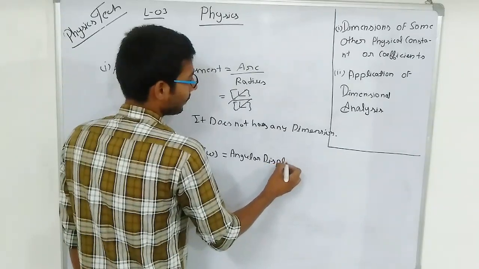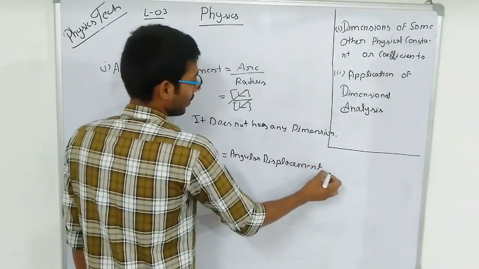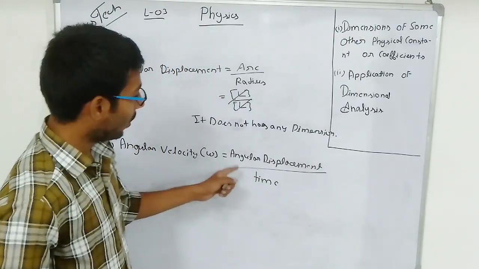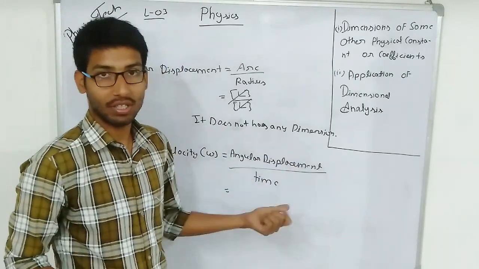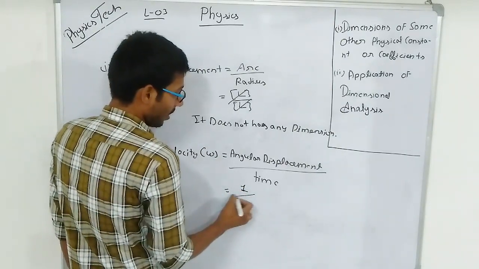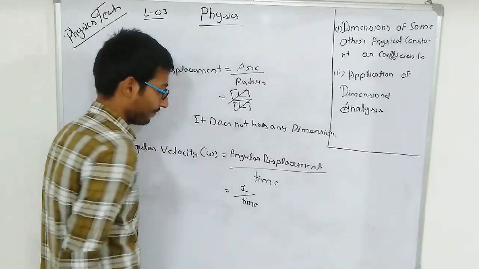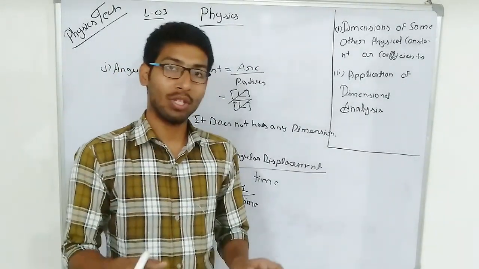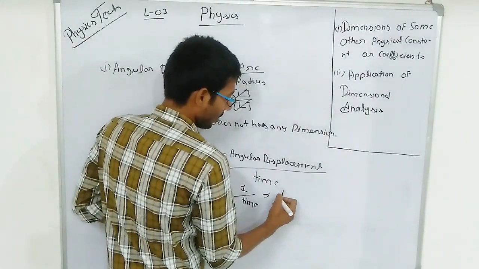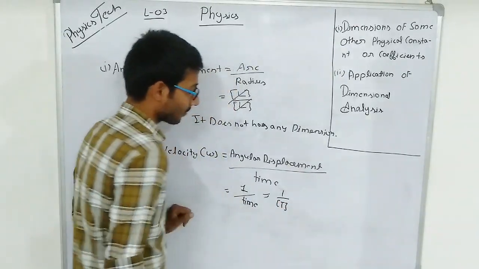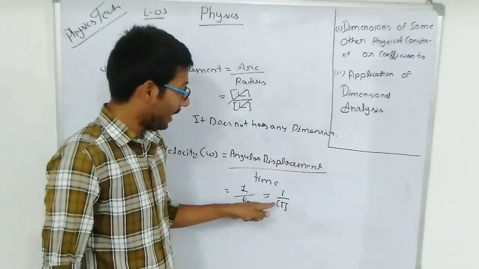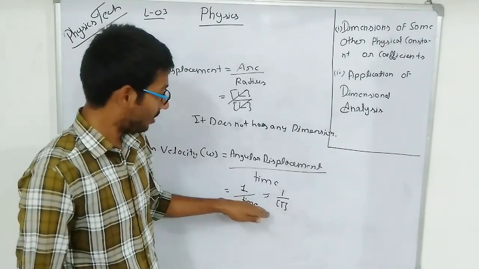We know that angular displacement does not have any dimension formula, so here it is 1 upon time, and we know that the dimension of time is capital T. So here 1 upon capital T, and we know that in any dimension formula, any dimension cannot be in the denominator.